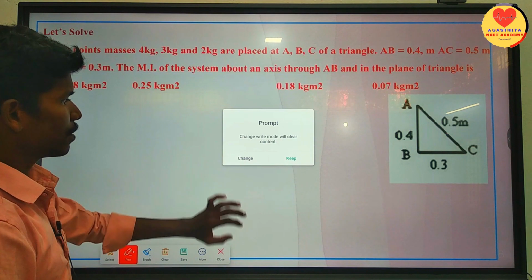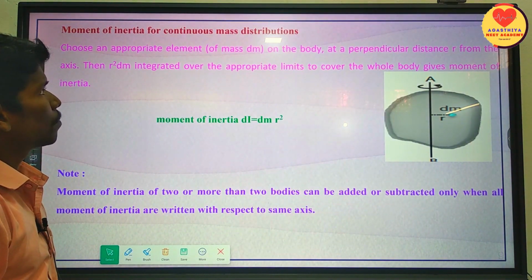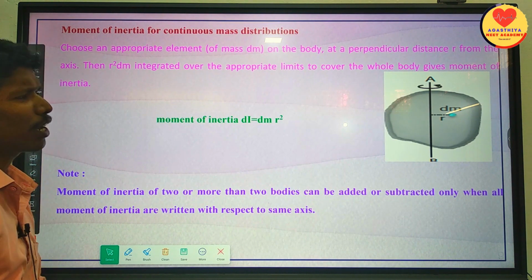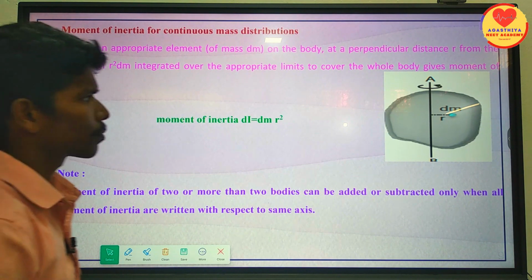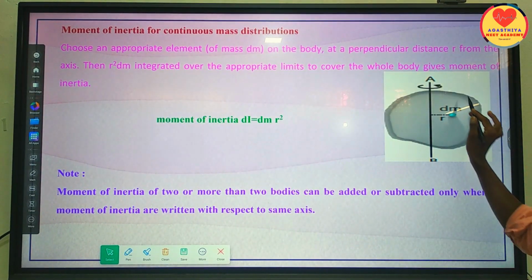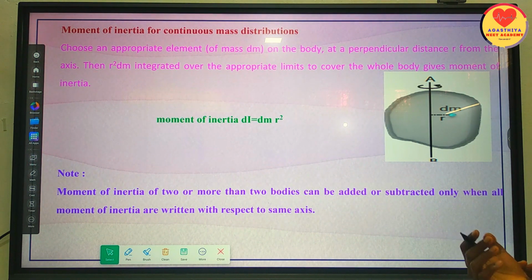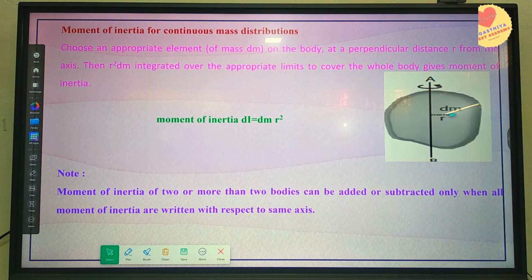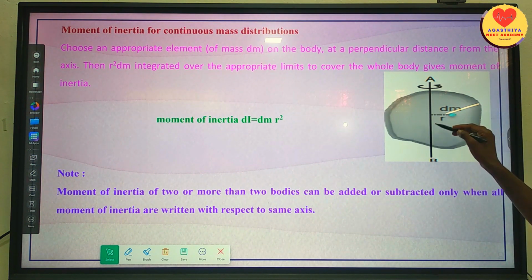Next we will see moment of inertia for continuous mass distribution. Consider a big mass system. Then how do we find the moment of inertia about this whole mass? First of all, we have to choose an appropriate element of mass.